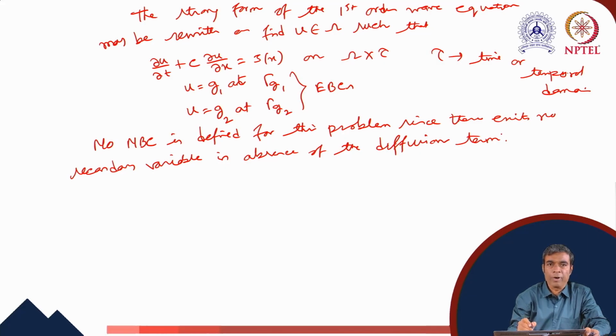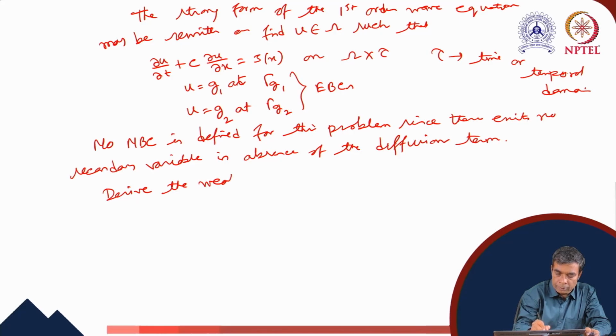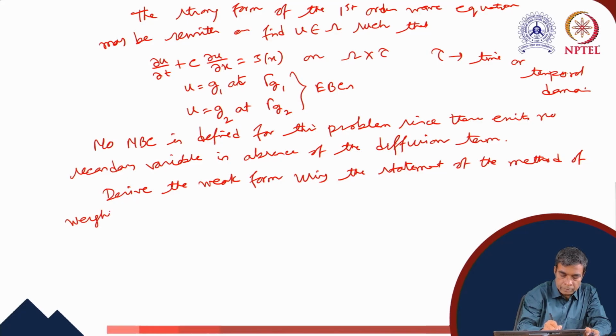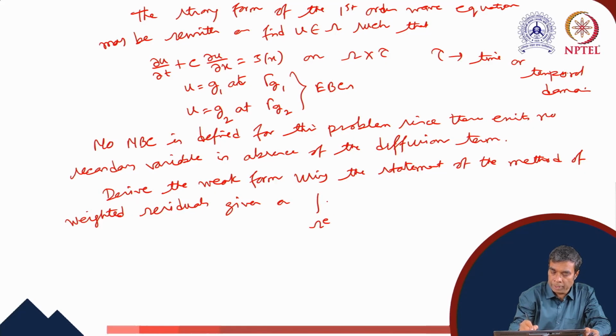Now we derive the weak form by using the statement of method of weighted residuals, given as integration over omega e of w R d omega e equals to 0, where R is the residual.